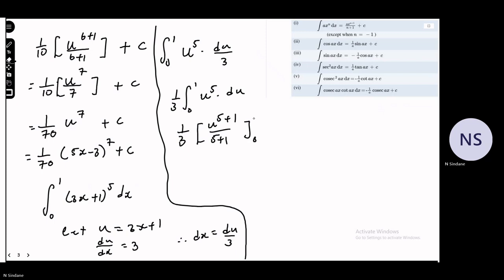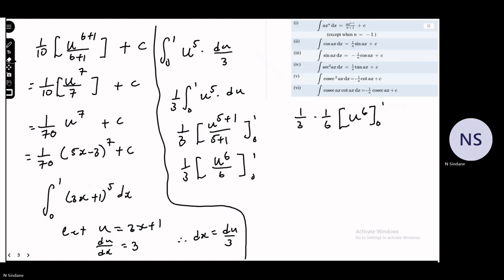And then 1 over 3 times u to the power 6 over 6 from 0 to 1, which can be written as 1 over 3 multiply 1 over 6 times u to the power 6 from 0 to 1.